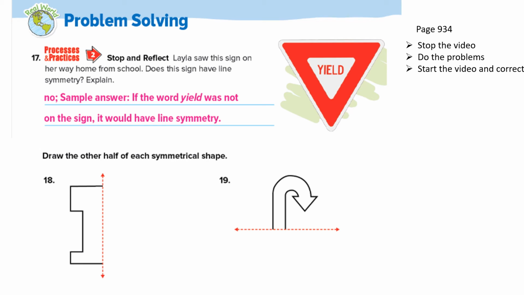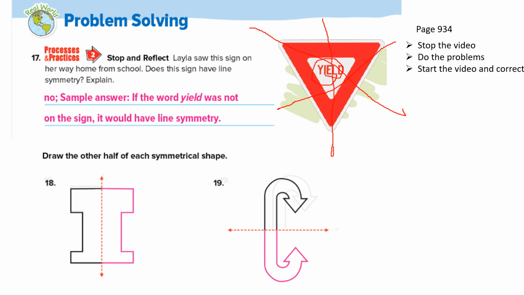No, if the word yield was not on the sign, it would have the line of symmetry. Ooh, that's a tricky one. If the word was off, you could draw a line here, here, and here. But because of that little word, that messes you up. And then for 18 and 19, were you able to finish the figure using the line of symmetry? That's fun. I like doing those.